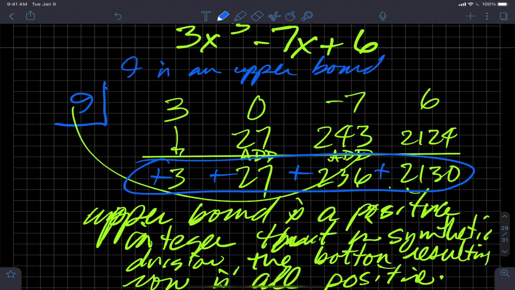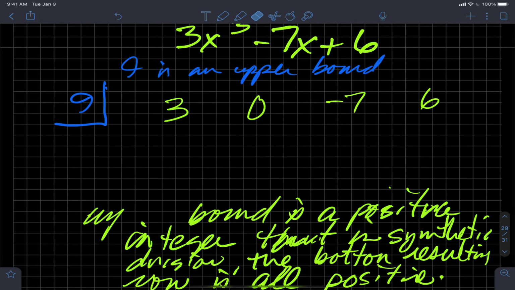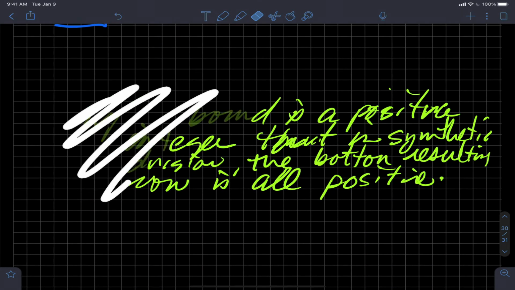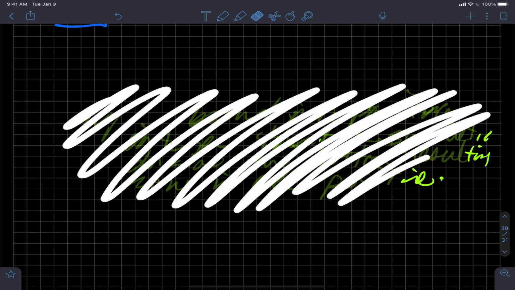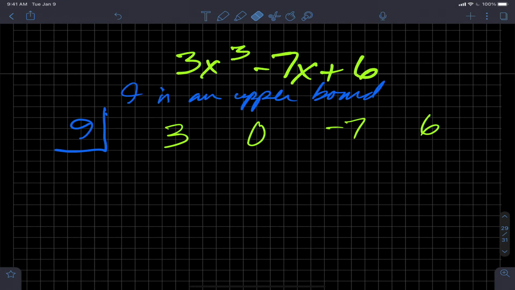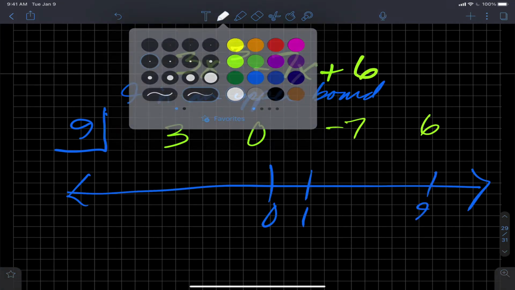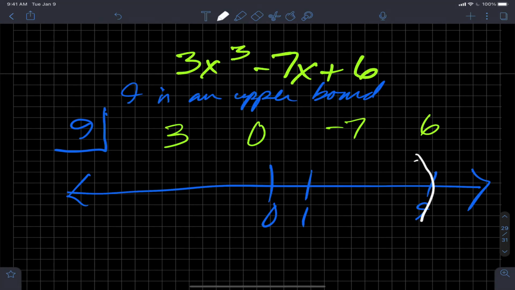So that means that, as I said with the number line, our zeros of our polynomial are not going to be greater than 9. So if I drew that little number line very quickly again, 0, 1, dot, dot, dot, out to 9, I know now that my zeros are less than 9.